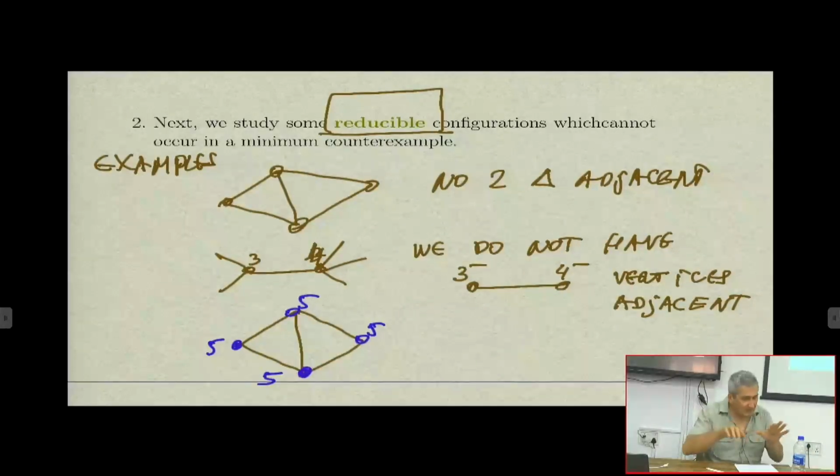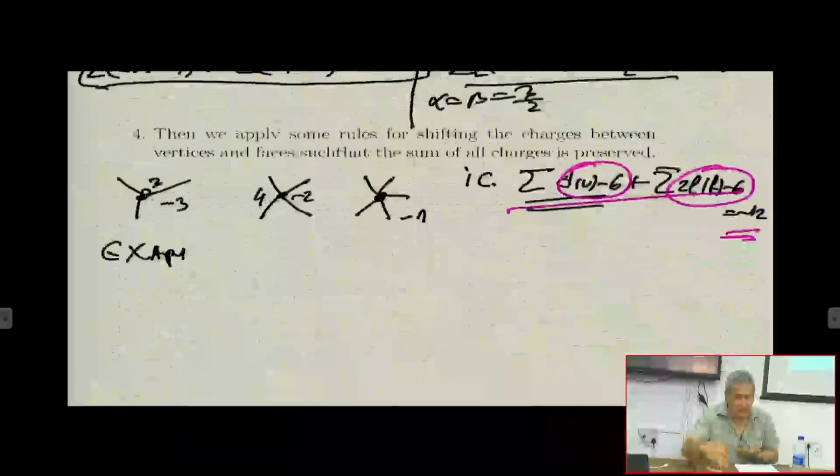We assume this doesn't exist, so some vertex can receive a little more charge, and I can send a little more charge and not go under 0, because I know this doesn't exist. Under this assumption, we create rules which send charge.